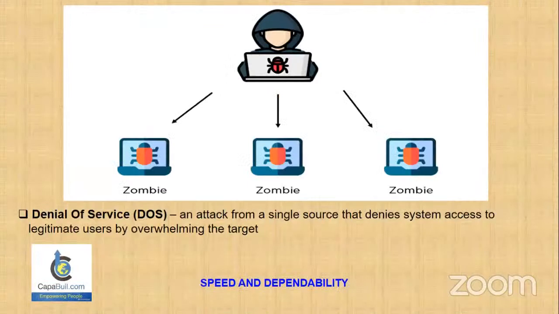Then we have what we call denial of service. So denial of service tries to exploit the availability aspect of the CIA triad, or the fundamental aspects. Yeah. So a denial of service is basically an attack from a single source that denies the system access to legitimate users by overwhelming the target. Yeah. So in this case, the attacker sends a lot of requests to a machine, yeah, to such a point that the machine becomes overwhelmed.